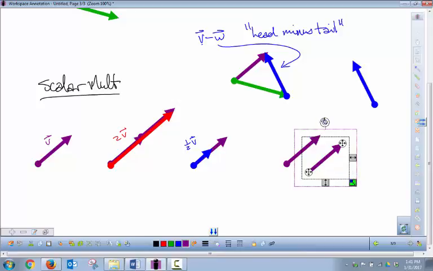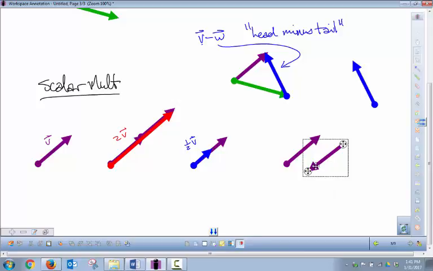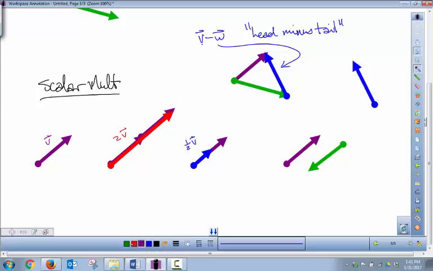When you scale a vector by a negative number, you're essentially making it go the other way. So the direction changes. If you multiply it by -1, the direction will change, but it'll remain the same length. But if you multiply it by -2, the direction will change, and it would be twice as long.